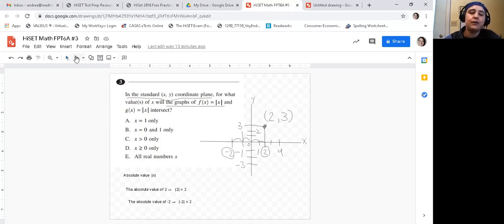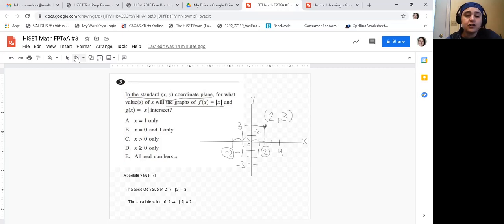We've got two different functions here, f of x and g of x. But the interesting thing is that they're exactly the same. They are both going to perform the absolute value of x on the input. So for both of these functions, the input is x, the output is the absolute value of x. There is no difference between these two functions. They are the same function, okay?